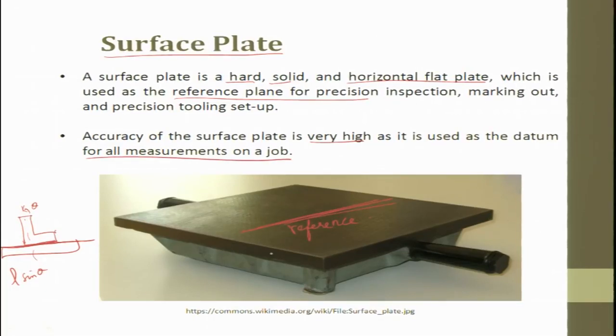For example, if you want to put a shaft, a flat plate, or any other objects, the reference surface should butt against the surface plate. Surface plates are generally made of cast iron, and the surface of the surface plate will always be hardened so that it has very good wear resistance.